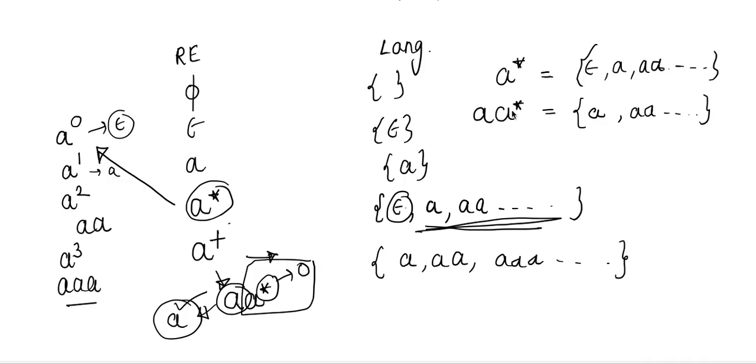Epsilon is removed from here. How? Earlier, when we put 0 in place of the star, it becomes a string of length 0 with the help of a, which is epsilon. Now a concatenated with epsilon becomes a. Getting? The minimum possible string is already a. That is why epsilon is eliminated from here. Right?